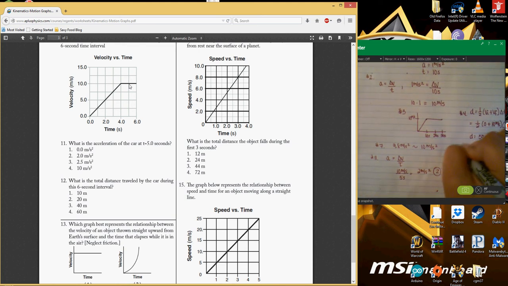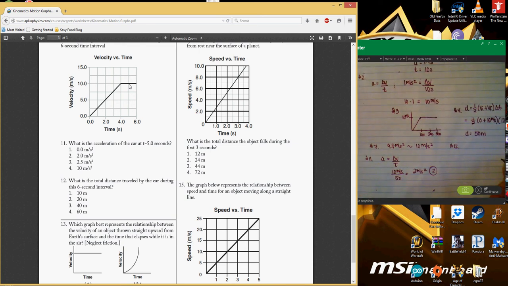Alright, the last 2, we're going to do question number 11. Question number 11 says, what is the acceleration of the car at time equals 5 seconds? So this is a velocity versus time graph. At time equals 5 seconds, I know that my velocity is 10 meters per second.